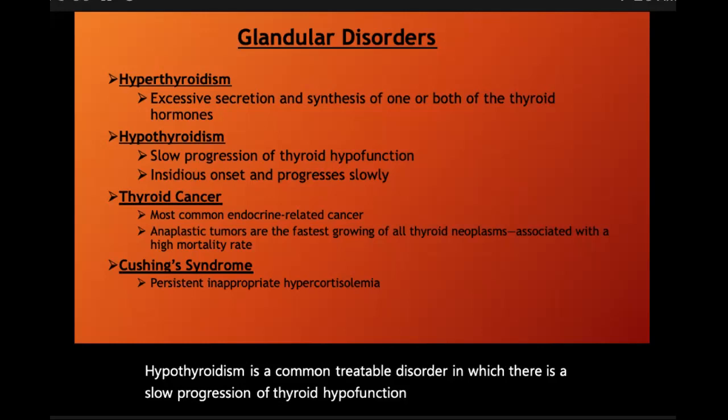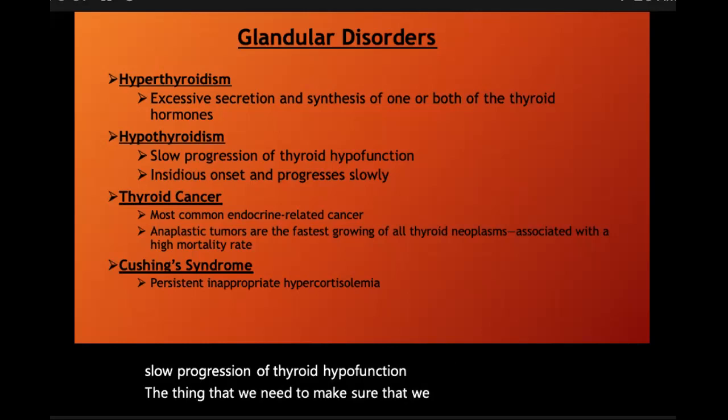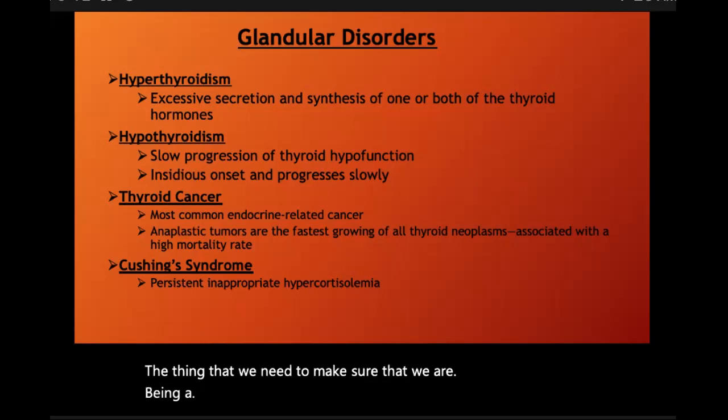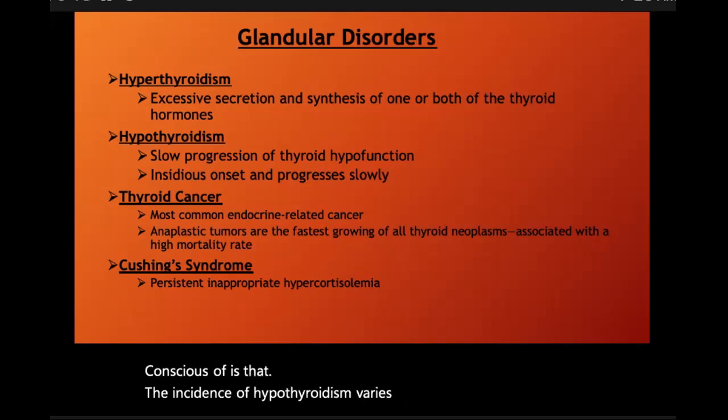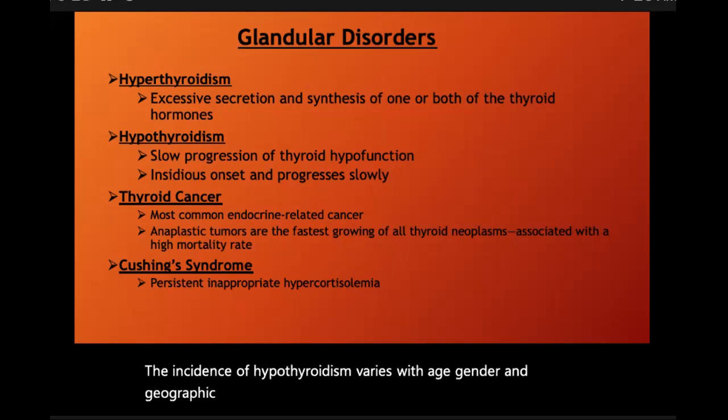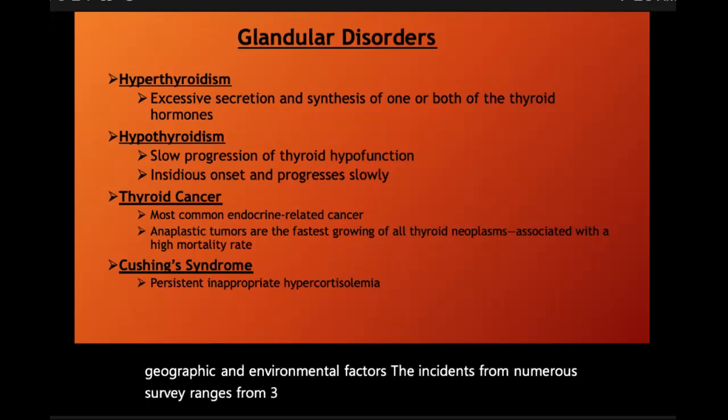The thing that we need to make sure that we are being conscious of is that the incidence of hypothyroidism varies with age, gender, and geographic and environmental factors. The incidence from numerous surveys ranges from 3 to 14 cases per 1,000 women, with significantly fewer cases reported in men.